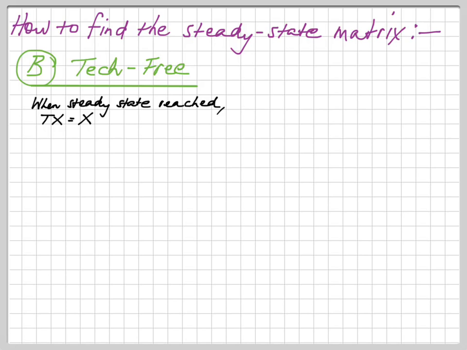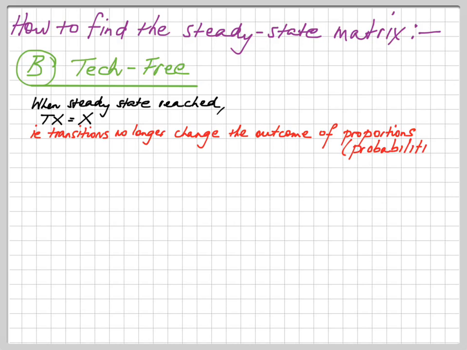So transitioning matrix X just gets you matrix X anyway. You see, it doesn't change it. Transitions no longer change the outcome of the proportions or probabilities we're dealing with here, okay?